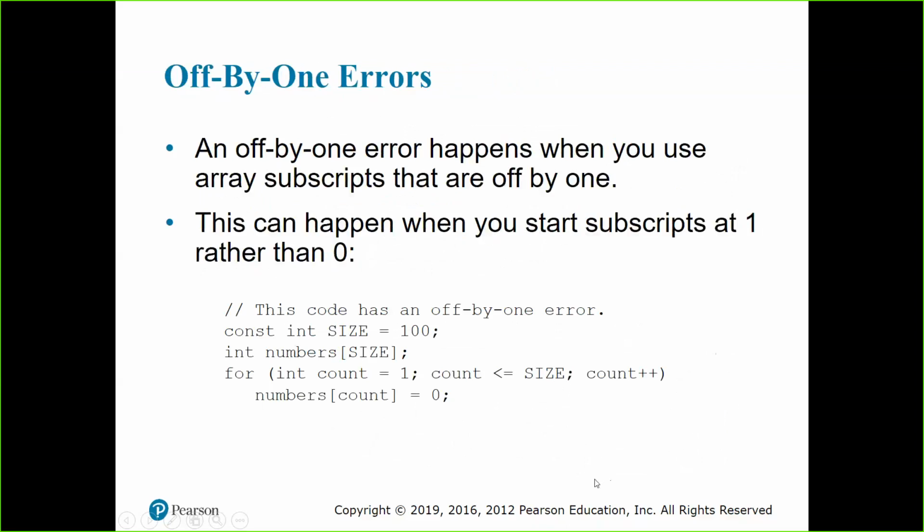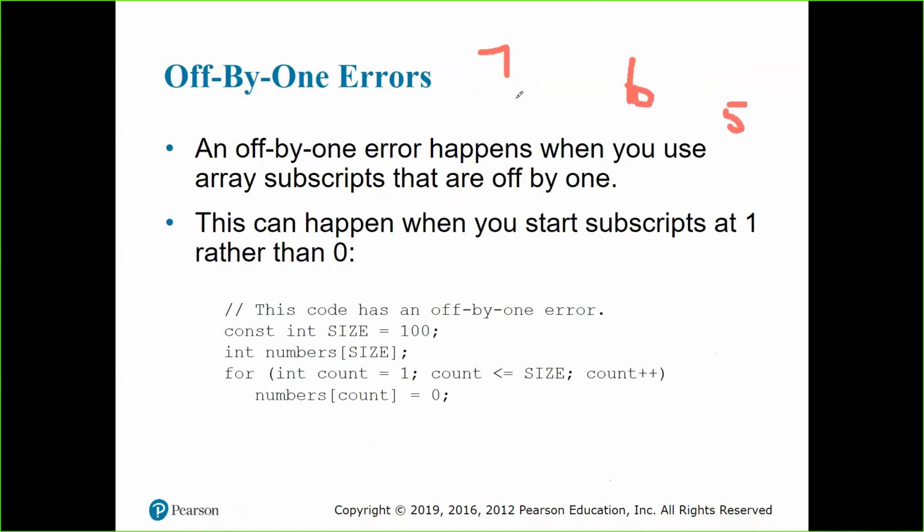Okay, so most of the time the array index is off by 1. Off by 1 means that if the size is 6, the index must go till 5.